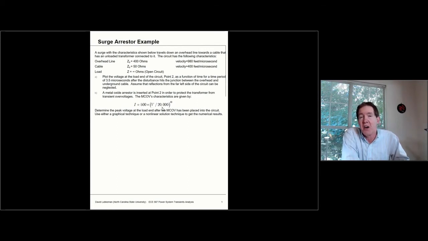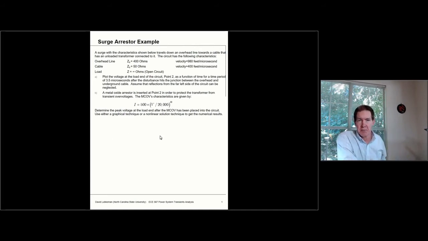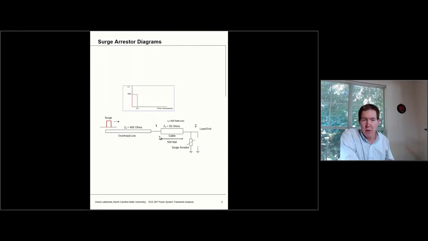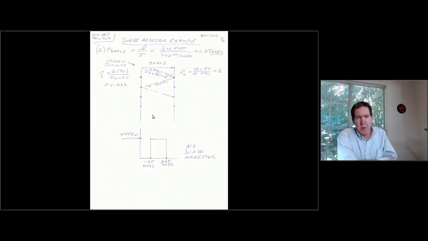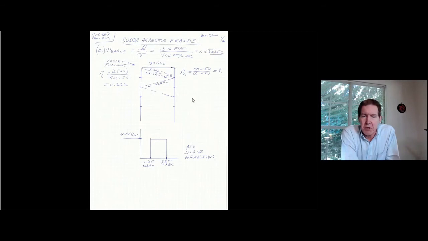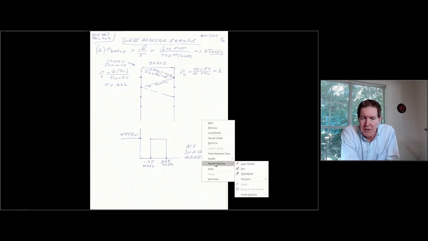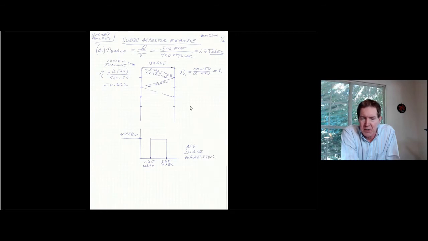So if I take V divided by 20,000 to the power of 30, multiply that by 500, that's going to give me the current going through the surge arrestor. This is what the surge arrestor is going to be diverting. When I work this out, it's pretty basic math in this case, as far as the similarity to what we've done before.